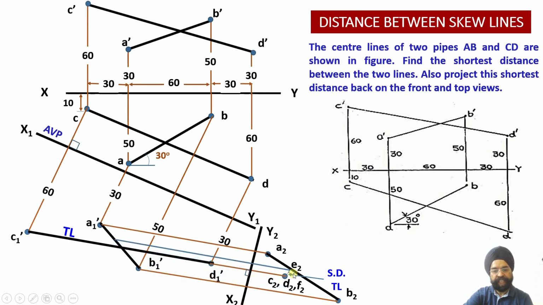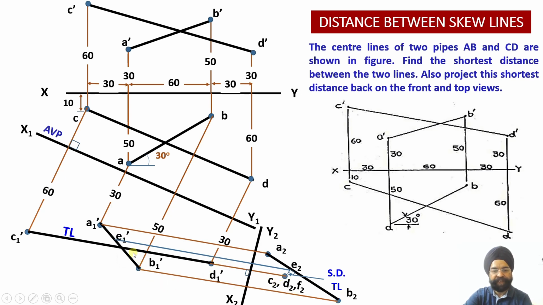So just see, the blue one is the backward projector which is perpendicular to x2 y2, and you can check it is parallel to the earlier three projectors. What are the earlier three projectors? A1 dash A2, then C1 dash B1 D1 dash, and C2 and D2. Similarly B1 dash and B2.